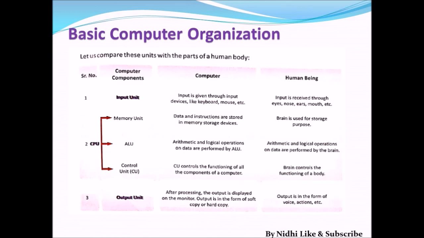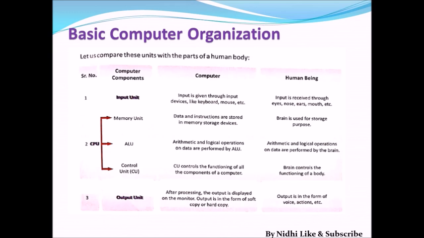Output in a human being is in the form of voice or actions, and in a computer, after processing, output is displayed either as hard copy, that is printed form, or soft copy, that is visible to users on the monitor screen. I think this is clear. So we have discussed the components of a computer in comparison with the components of human beings.